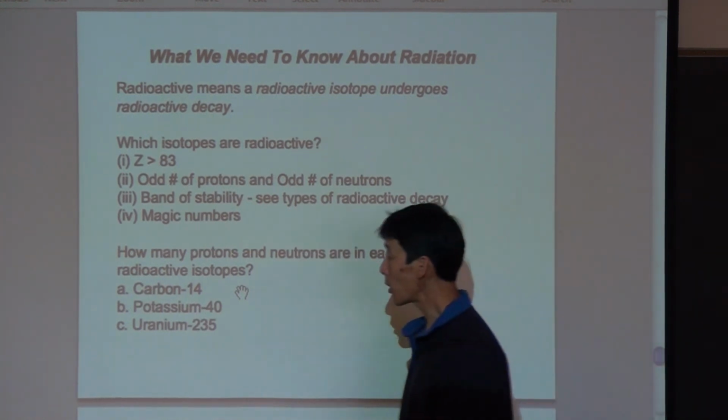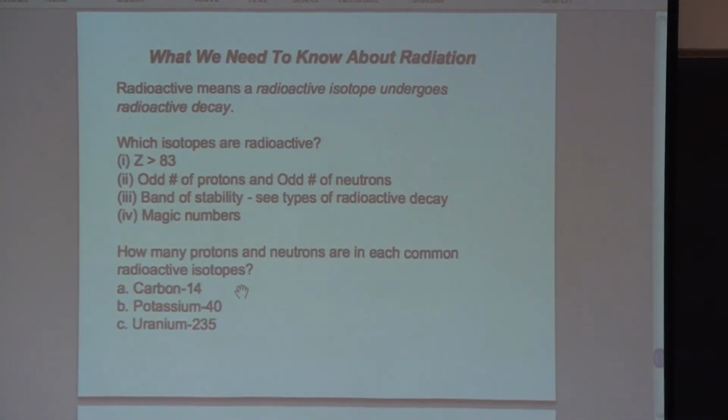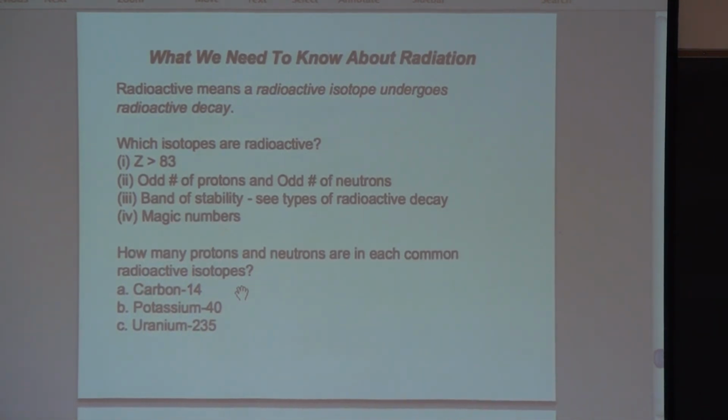The 6 tells us the number of protons. So there are 6 protons in carbon 14. How many neutrons? 8. The number of neutrons is equal to the mass number minus the atomic number. So there are 6 protons and 8 neutrons in carbon 14.